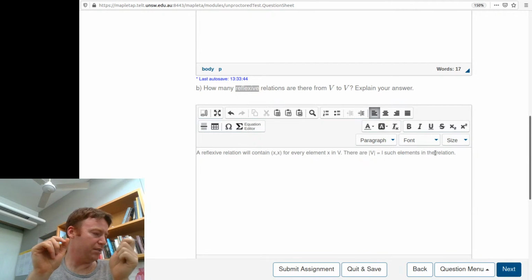which means for every element you've got an option of choosing the remaining L minus 1. Yeah, so it's L minus 1 all squared.